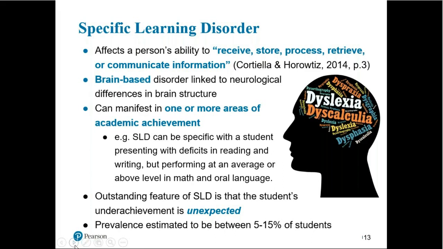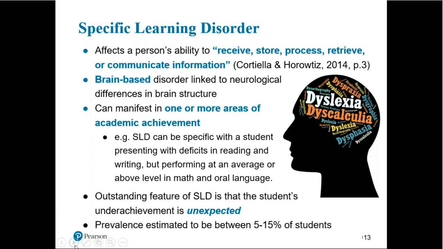And so you can have multiple areas of academic underachievement, even though it is sitting under the broader umbrella term specific learning disorder. So it's really specific to those broader areas or individual specific areas of academic achievement. We know one of the outstanding features of SLD is that it is underachievement that is unexpected.